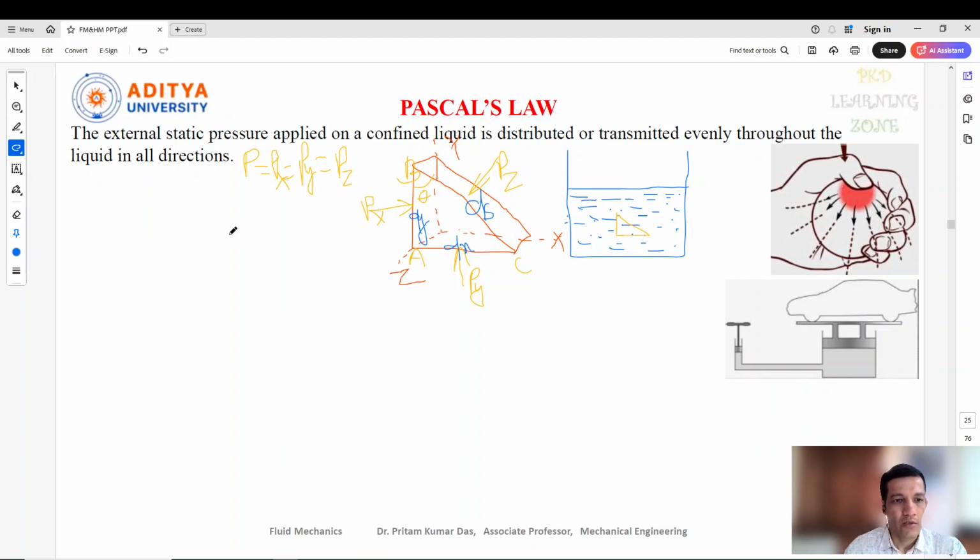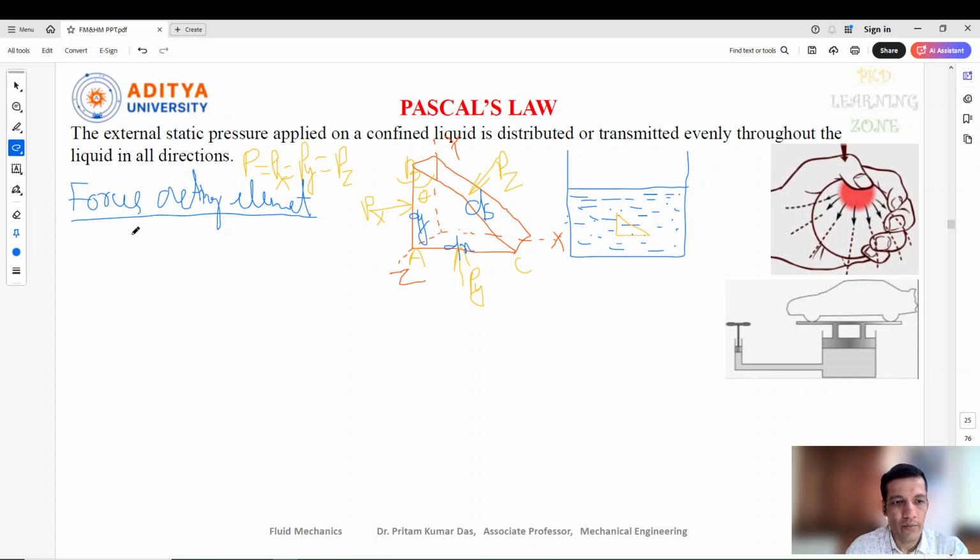Now we need to find out the forces acting on this fluid element.